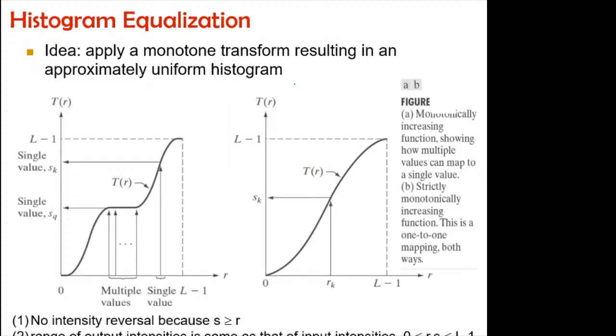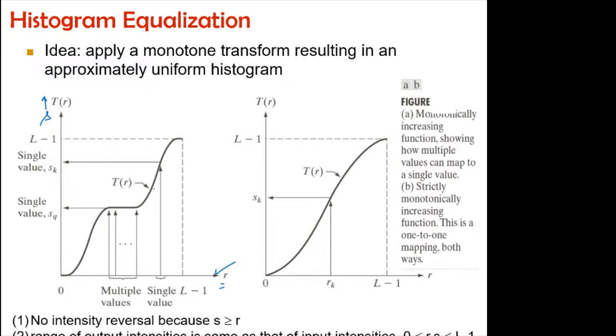So what is histogram equalization? Let us see. Now, can you see that there are two diagrams? These are the two diagrams which show the old intensity level of a pixel R versus the new intensity level S. So old value was R, new value is S, and let us say this is the curve.